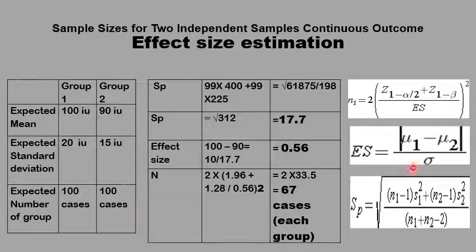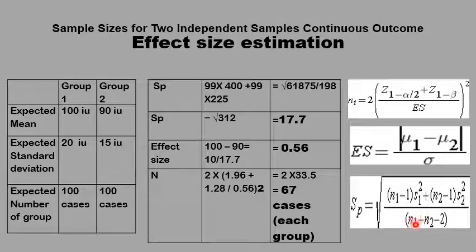minus 1, that's 99, multiplied by the square of the expected standard deviation, which is 20. So that's the first thing, plus the same thing for the other group. 100 minus 1 equals 99, multiplied by the squared expected standard deviation, the square of 15 is 225.